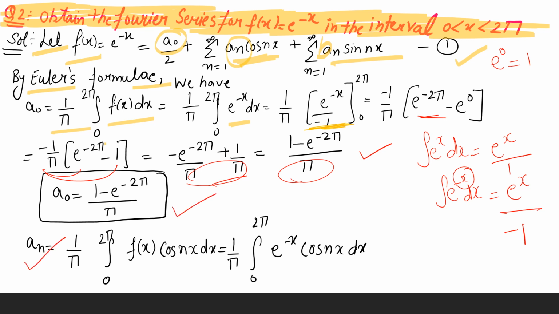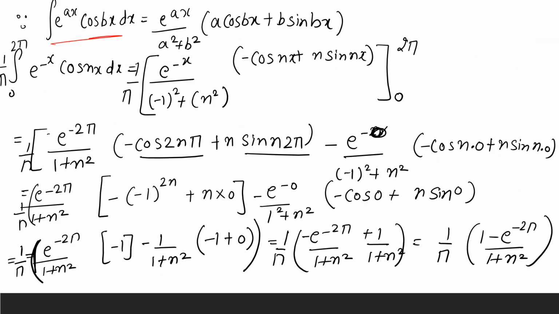Then we will solve a_n, that is equal to 1/π ∫ from 0 to 2π f(x) cos nx dx, that is 1/π ∫ from 0 to 2π e^(-x) cos nx dx. We already discussed the formula of ∫ e^(ax) cos bx dx, that is e^(ax)/(a² + b²) (a cos bx + b sin bx).